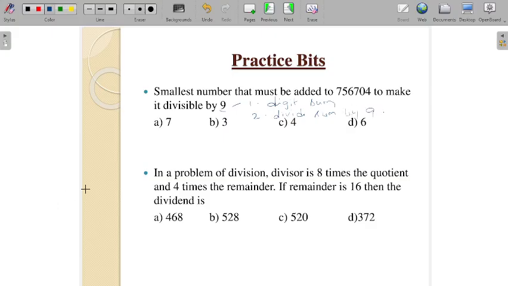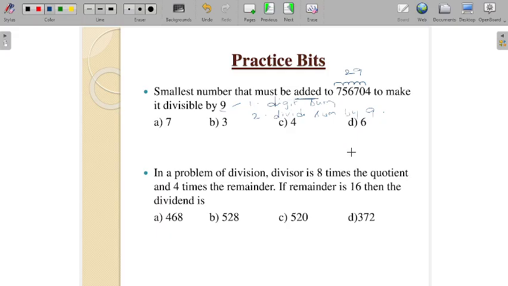So digit sum means 7, 5, 12, 12, 6, 18, 18, 7, 25, 25, 0, 25, 25, 4, 29. What is the digit sum? 29 only. So what he is asking, smallest number that must be added.